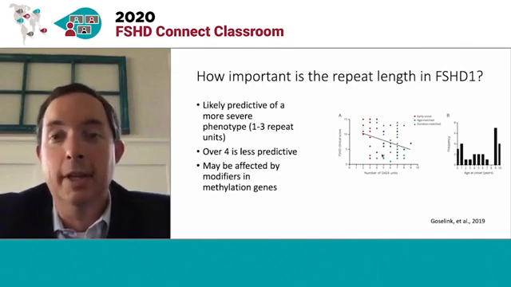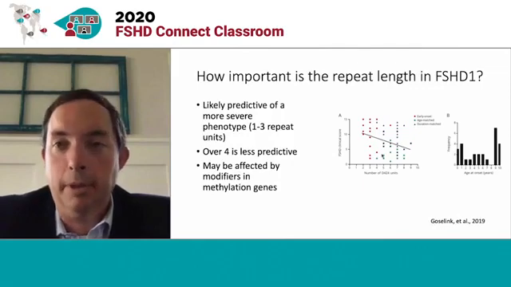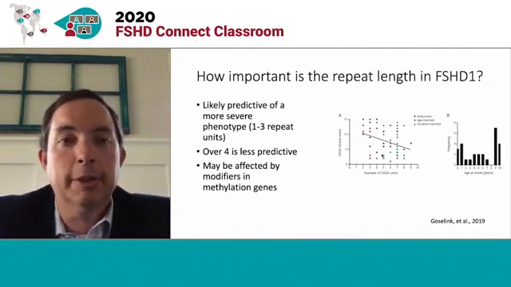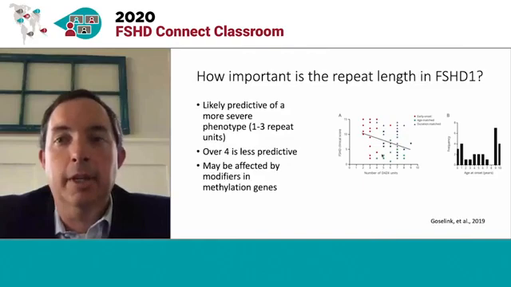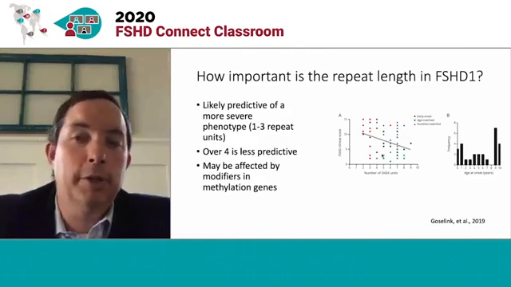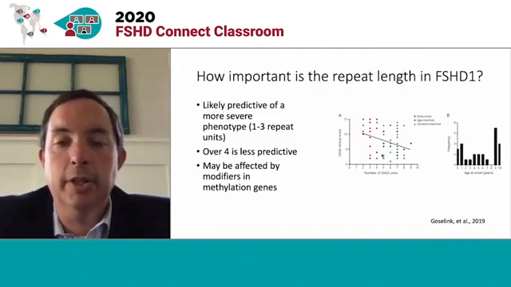Part of the reason for that is that this may actually be affected by modifiers and other methylation genes. We already talked about how SMCHD1 by itself can cause hypomethylation of the region, and that can lead to FSHD2. Sometimes, and this has certainly been reported on multiple occasions now, people can have both mutations in SMCHD1 or other methylation genes and the repeat contraction associated with FSHD1.